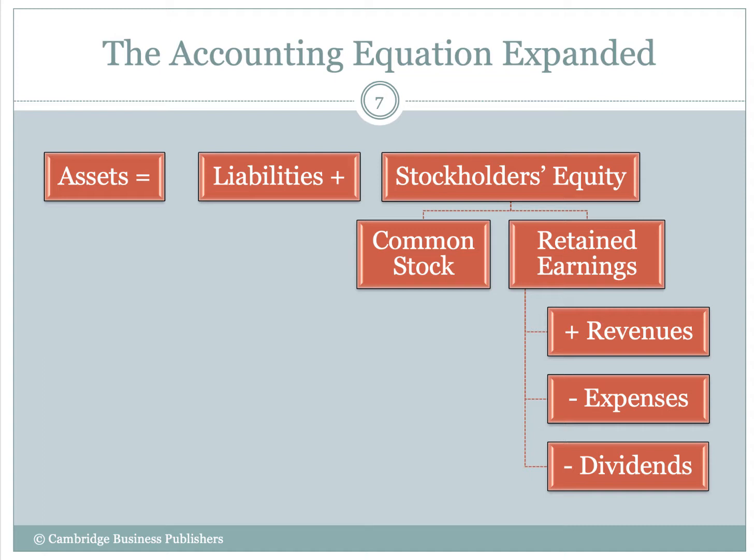Very interesting. We learned in chapter 1 that revenues minus expenses is our net income. So we can break this down even further: net income increases retained earnings, net loss decreases retained earnings. So again, it's very important that you understand what impacts retained earnings. Revenues increase it, expenses decrease it, and dividends decrease it.